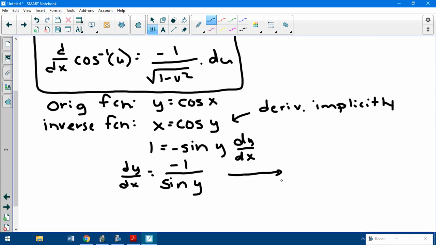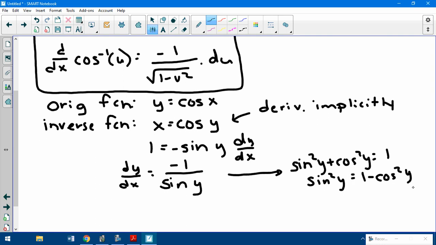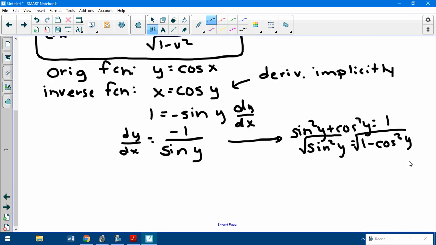And just like the other ones, I don't want my answer in terms of y, I want my answer in terms of x. If I have cosine inverse of x, that's how I want my derivative to be in terms of. So we use the formula sine squared y plus cosine squared y equals 1. Sing the chorus once. Solve for sine squared of y. You would have sine squared of y equals 1 minus cosine squared of y. We need to take the square root to get what sine of y is. So I can plug that in.